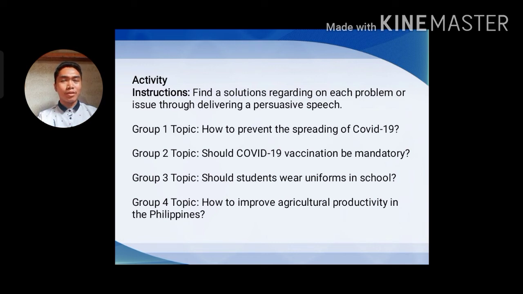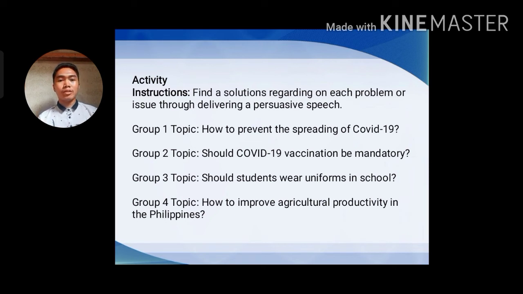So, you've said that to prevent the spreading of COVID-19, we must follow the protocols or the rules given by the government, which is to stay at home and also to follow social distancing. So, for me, I agree with your persuasive speech.